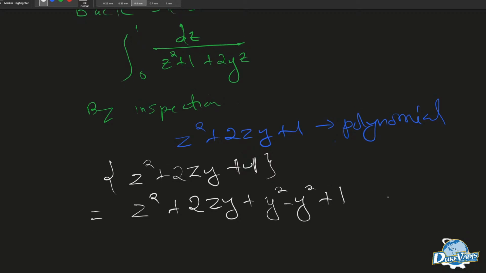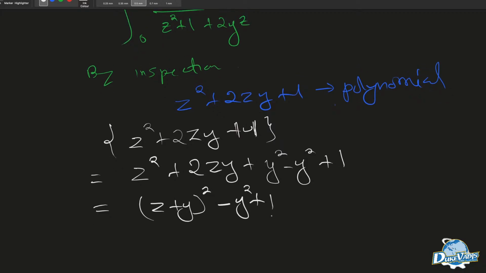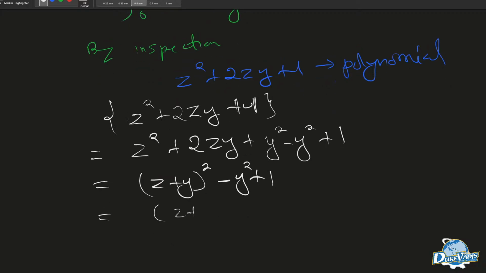Upon further breaking it down, when we factorize very well, we see this can be z plus y all over squared, minus y squared plus 1. Finally, we can also write this one as z plus y squared, plus 1 minus y squared, which is the same, so I haven't changed it.